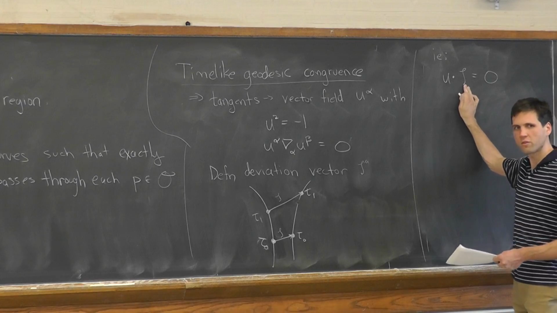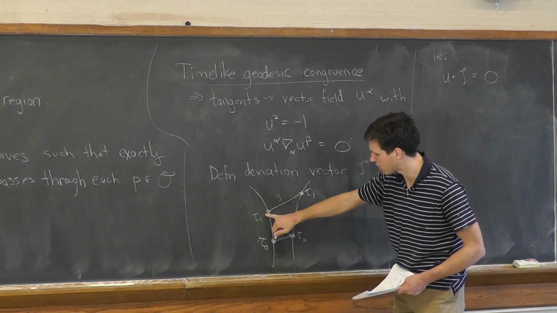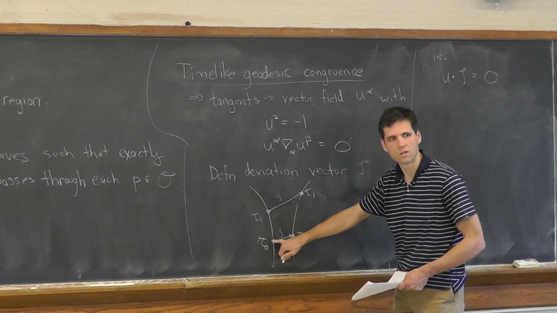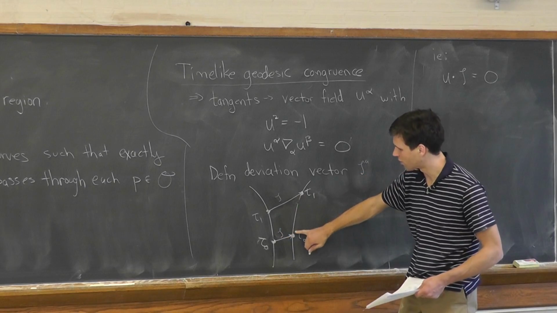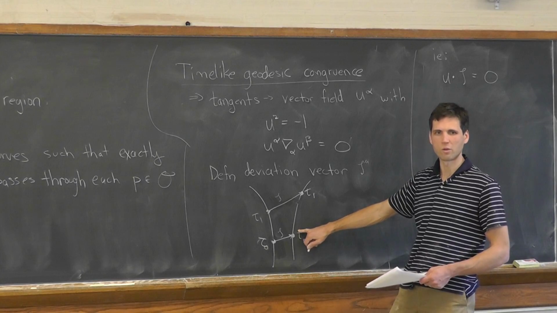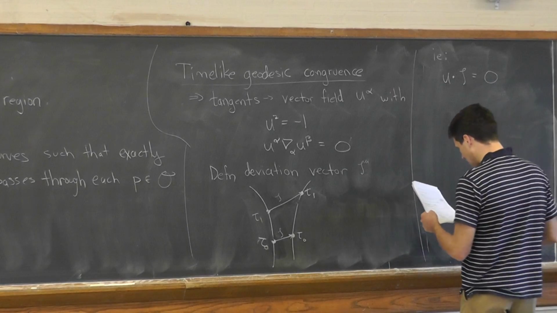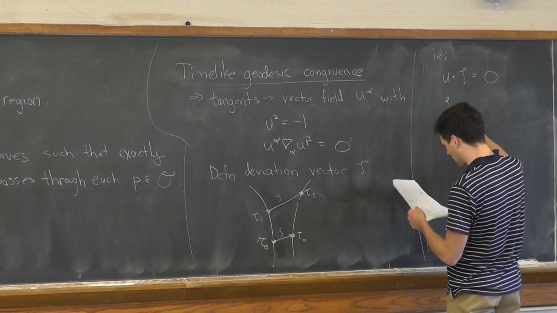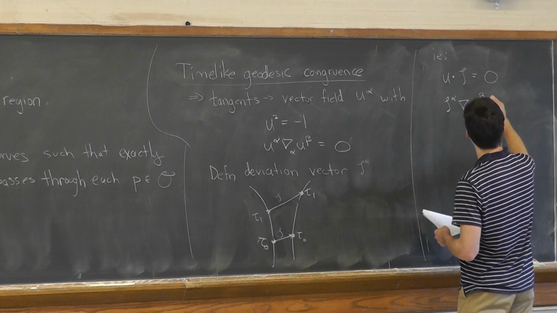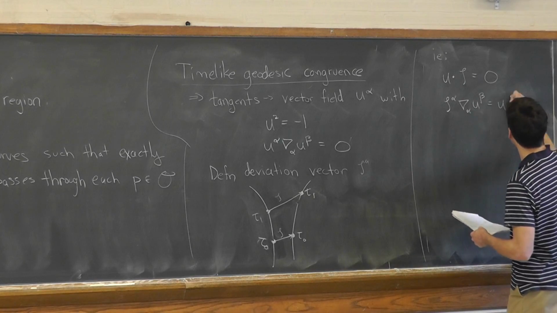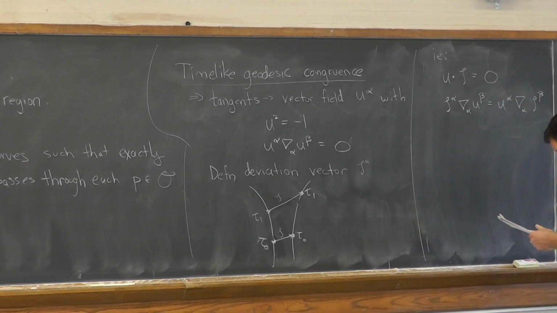Now that's not quite enough, because we also have to ensure that proper time along here, when you go by ζ over there, you go the same amount of proper time on that nearby geodesic. So how are we going to ensure that? That is the statement that ζ^α ∇_α u^β = u^α ∇_α ζ^β.